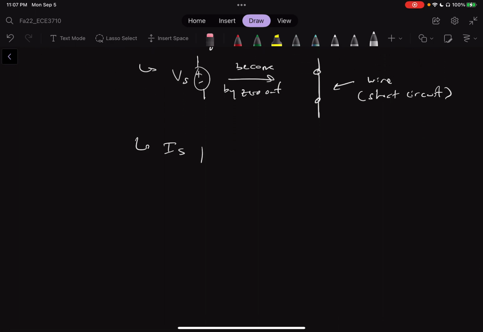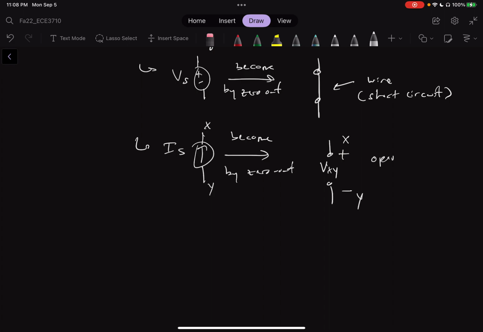Current sources become, by the zeroing out process, an open circuit. Let's say node X was at the top, node Y was at the bottom. So now you have the plus and minus terminals as drawn, and this is an open circuit. Again, it's just called VXY because we're assuming X has a higher voltage than Y, with the positive terminal at the top and minus at the bottom.